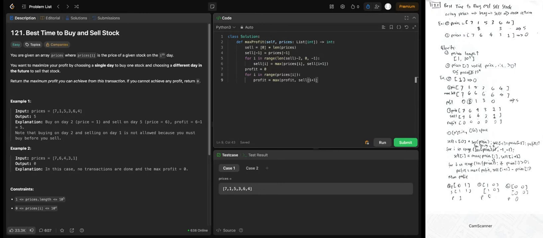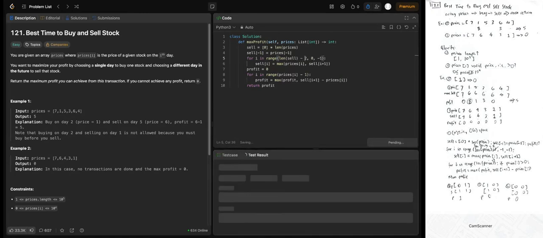Don't forget to use the sell plus 1 because we want to use the future maximum sell prices, and subtract by the current price. That would be our profit for today. Then we return the profit. Okay, I missed this again. This should be -1.